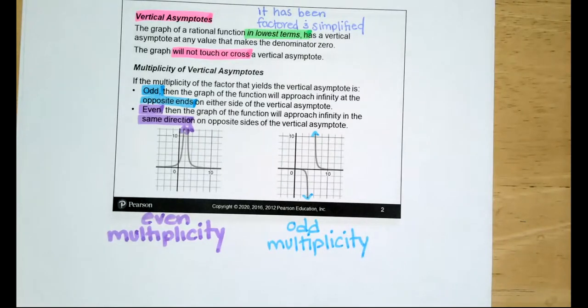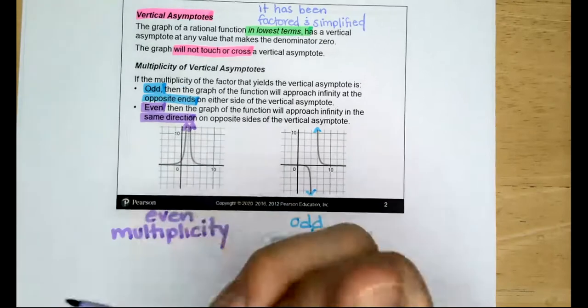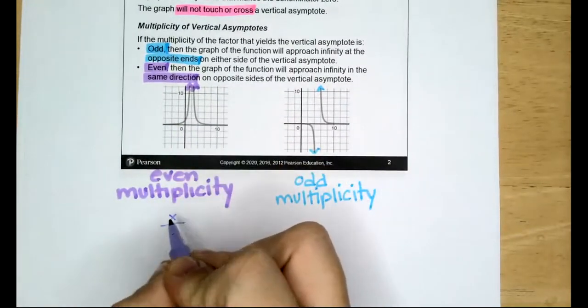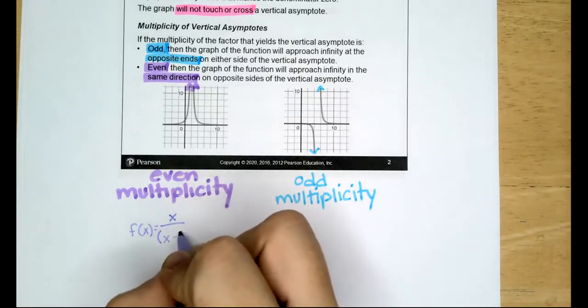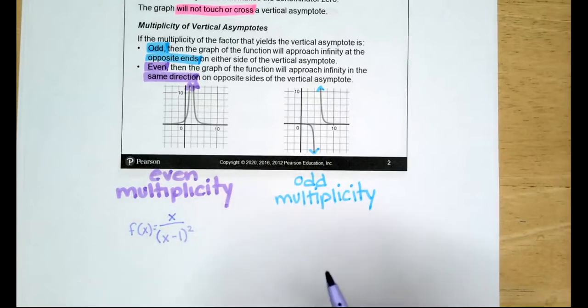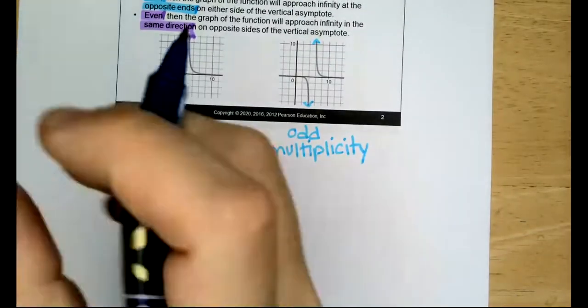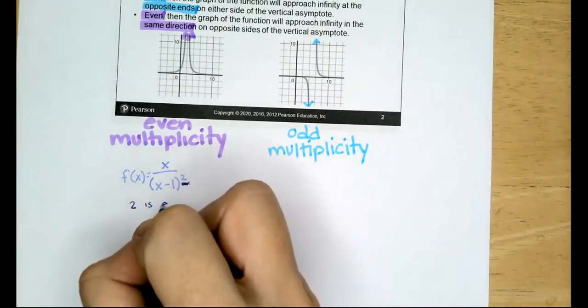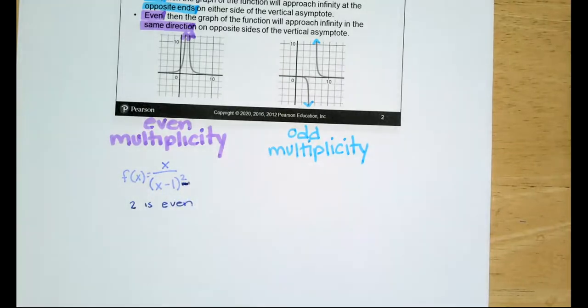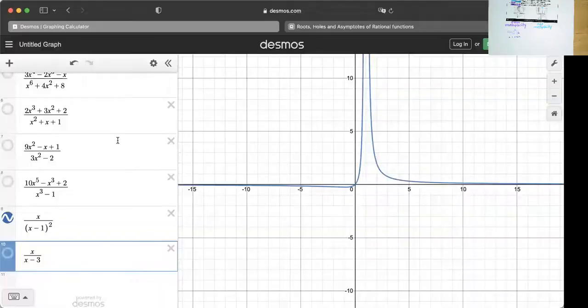All right, so for example, an even multiplicity might be the function f of x is x over x minus 1 squared. So the multiplicity is even because 2 is even. And so when we put this in Desmos, we see that the graph is going up towards positive infinity forever.